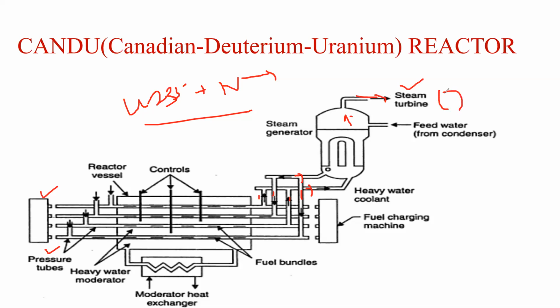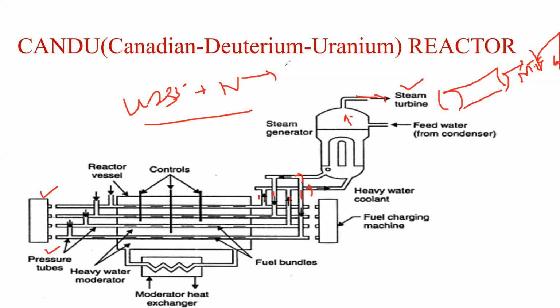It converts the steam energy into mechanical energy, and again this mechanical energy is converted into electrical energy using a generator. So this is the overall conversion of nuclear energy into electrical energy.